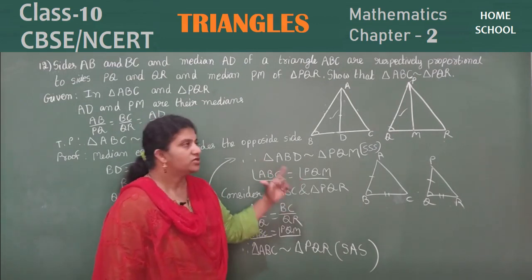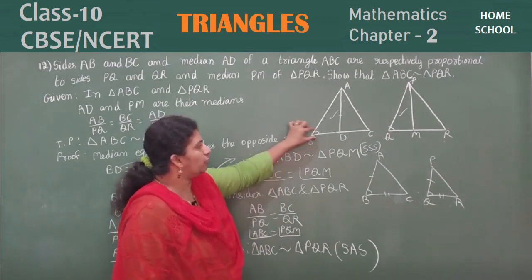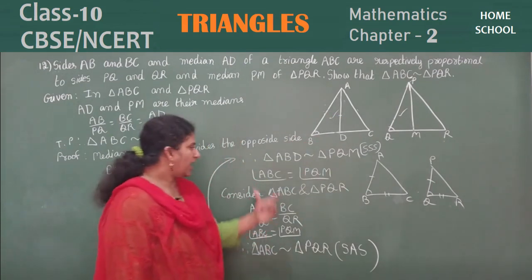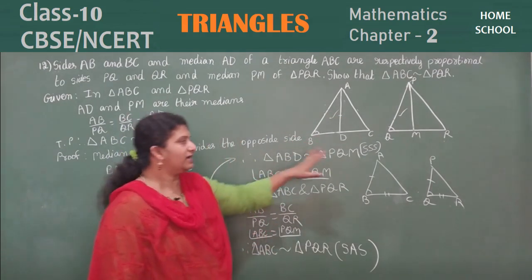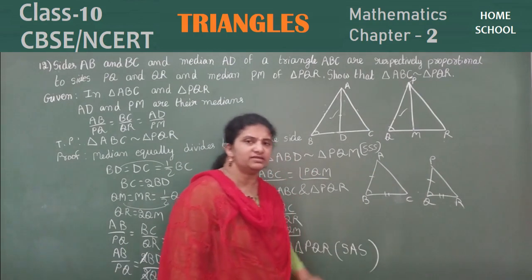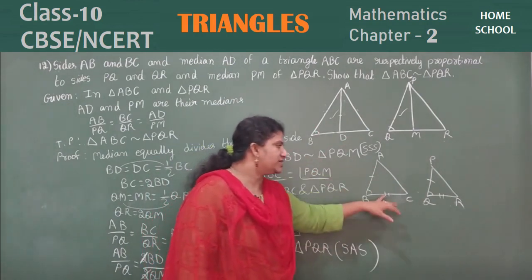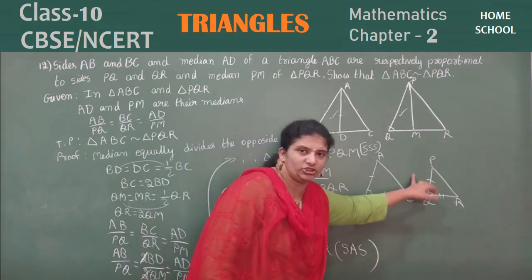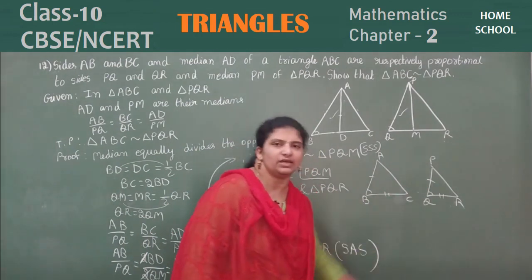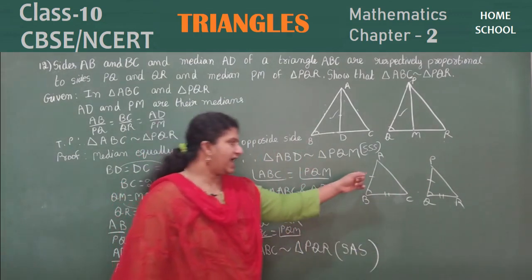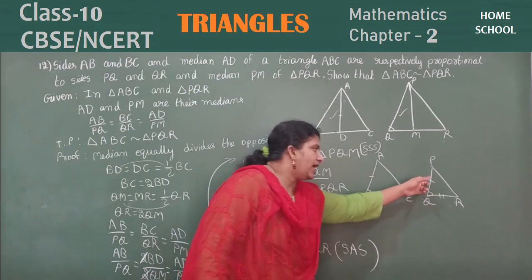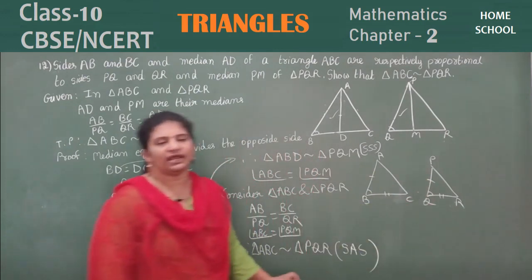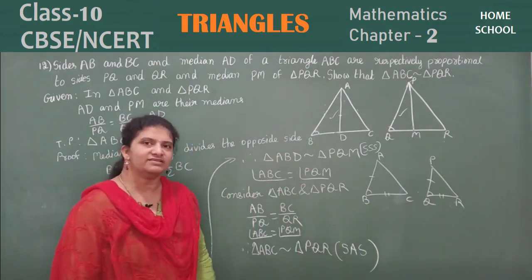So I don't want all the angles, I need only this angle. So I have equated the angle and then consider the complete triangles. Then say given data, these two ratios are in proportion and this angle is equal. Therefore, by SAS similarity criteria, the two triangles are similar.